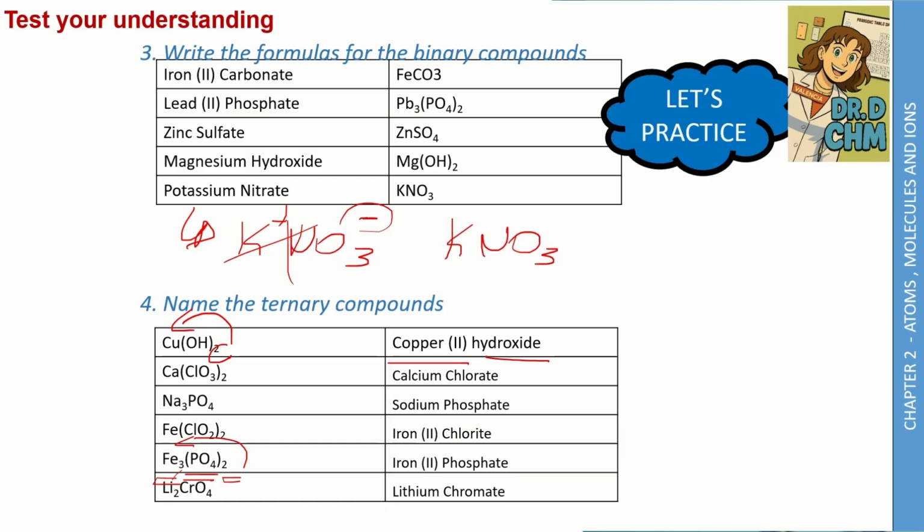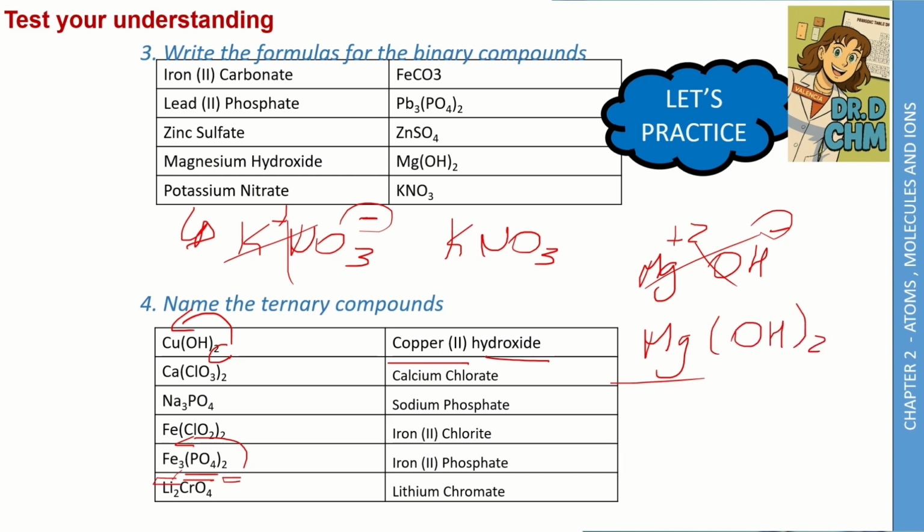So magnesium hydroxide, magnesium is in group 2, so it's +2. And the hydroxide is a polyatomic ion with negative 1 charge. So when you cross, we have magnesium hydroxide here. So you need parentheses. Don't forget the parentheses, okay? And you're going to do this for all the elements, okay?